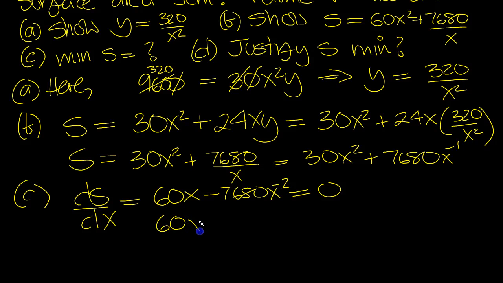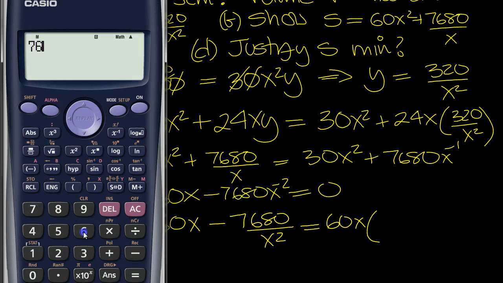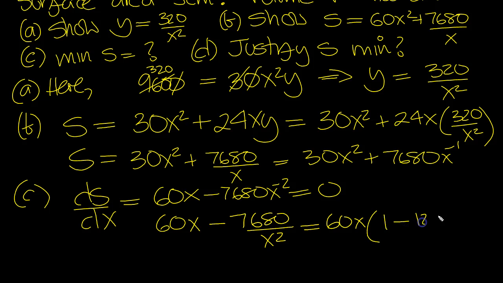Well, we've got 60x minus 7680 over x squared. So I'm going to take a 60x outside a bracket. Hopefully the 7680 goes into 60. If not, we'll do something less. 128. So it'll be 1 minus 128. I took an x out from above, so I've got to put another x in underneath.